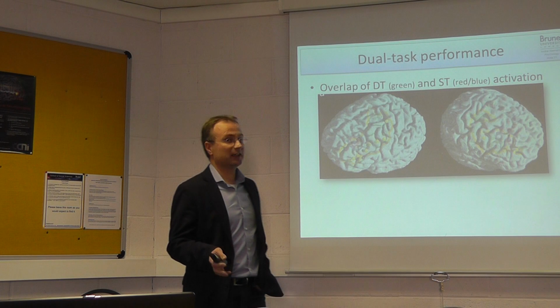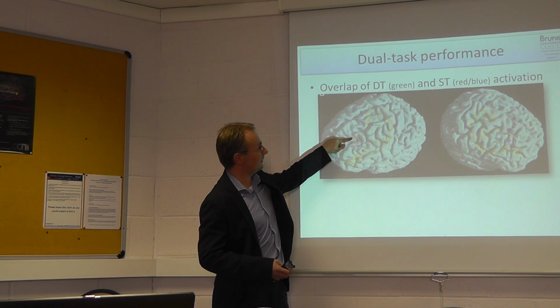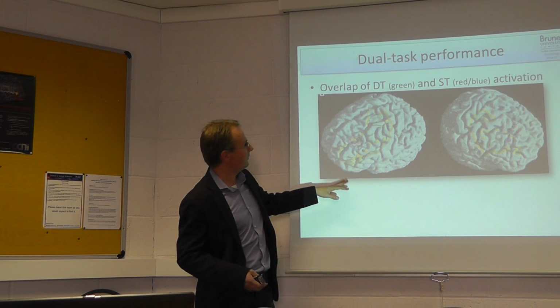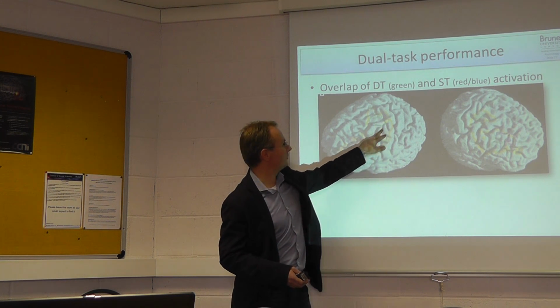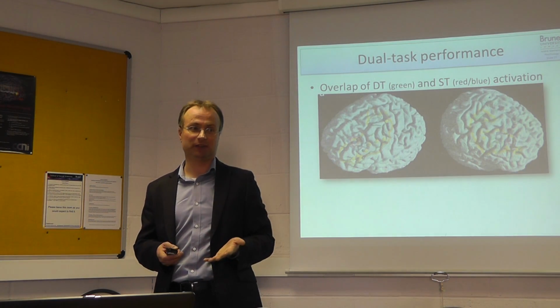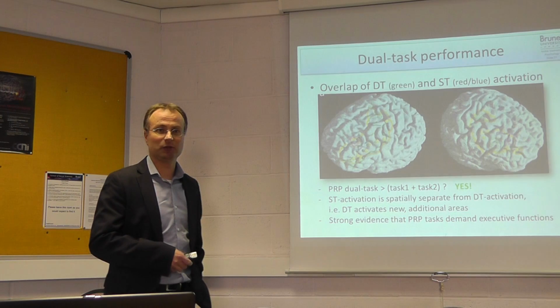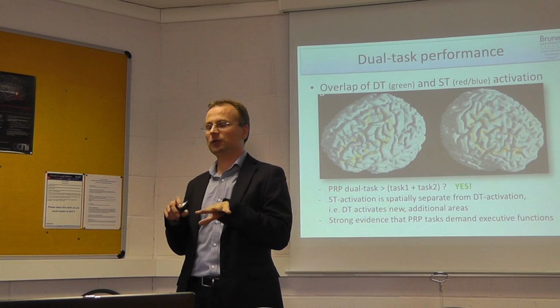When you do the tasks by themselves, they have activations in this area of the lateral prefrontal cortex. They have activation there, but it's very hard to see here. The dual task activations are more along here. So you have a spatial distinction, you have new areas which are activated. New additional areas come into play when these two simple tasks have to be done together.